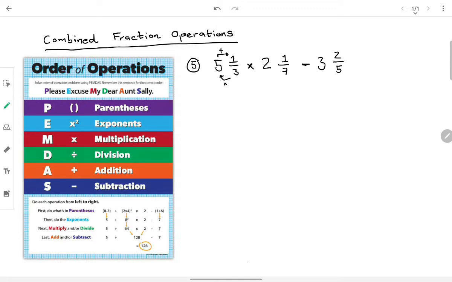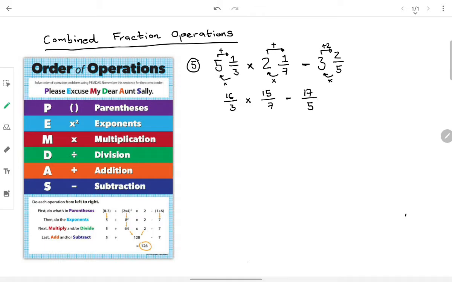We will get then 16 over 3 multiplied by 7 times 2 is 14, plus 1, it will be 15 over 7 minus 5 times 3 is 15, plus 2, we will get 17 fifths.